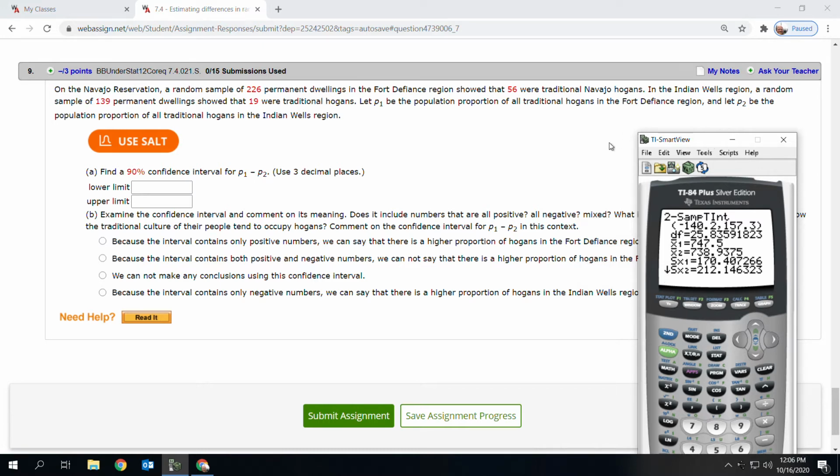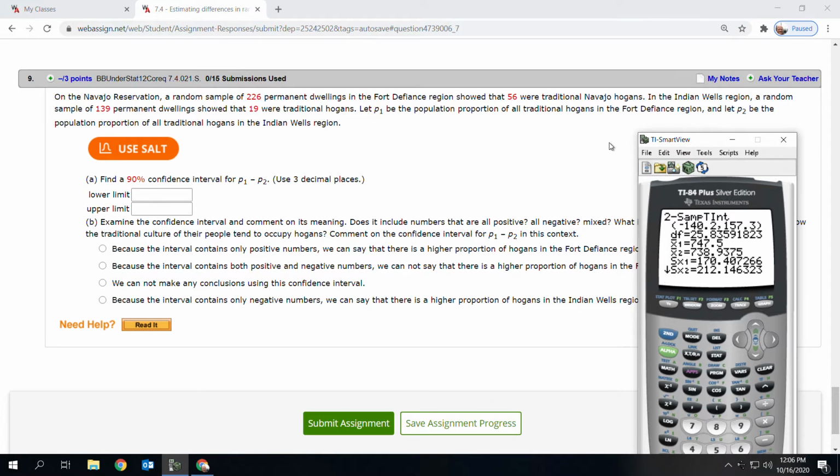In the Indian Wells region, a random sample of 139 permanent dwellings showed that 19 were traditional hogans. Let p1 be the population proportion of all traditional hogans in the Fort Defiance region, and let p2 be the population proportion of all traditional hogans in the Indian Wells region. We're just asked to find a 90% confidence interval for the difference in the proportions.